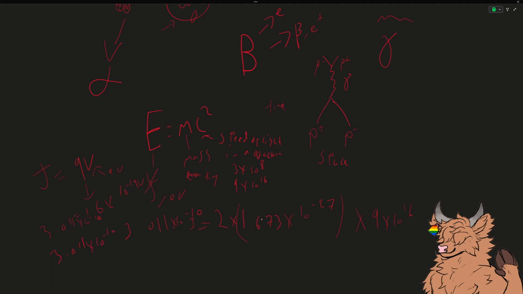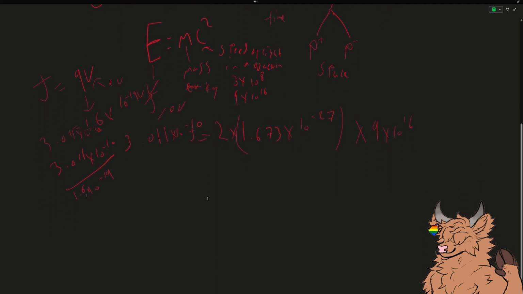10 to the negative 10 over 10 to the negative 9, and 1.6. We can then get our charge, which is going to be very high because there is a lot of energy in protons. That is a large number.